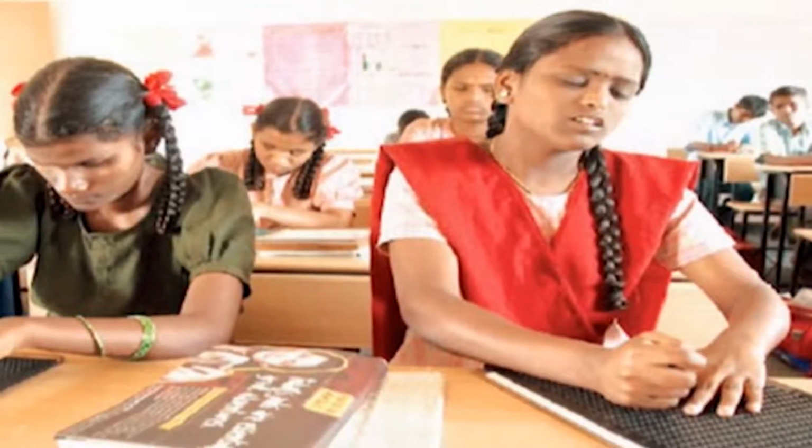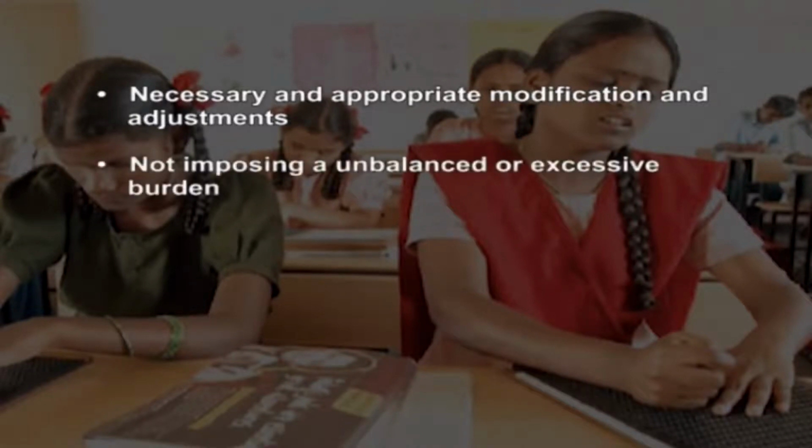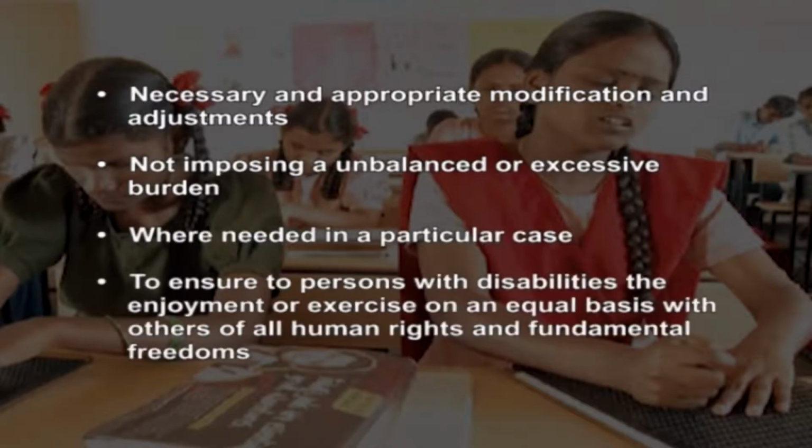Reasonable accommodation is defined as necessary and appropriate modification and adjustments, not imposing a disproportionate or excessive burden where needed in a particular case to ensure to persons with disabilities the enjoyment or exercise on an equal basis with others of human rights and fundamental freedoms.